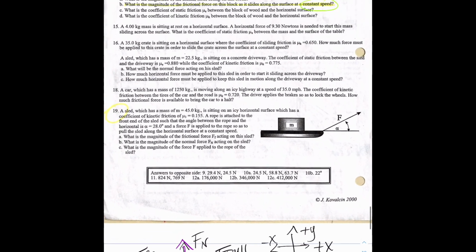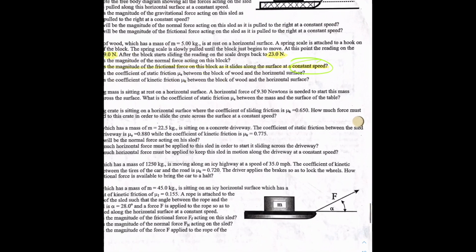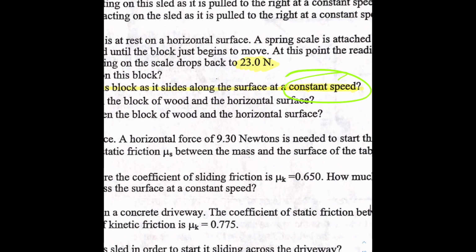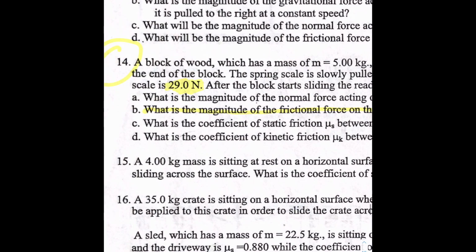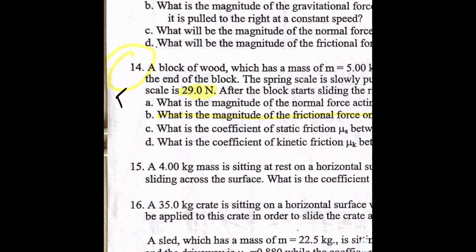When the object is sliding, we see the scale reads 23 newtons. This is going to be our force friction kinetic. And when the object is just beginning to move, this is going to be our force friction static, and it's going to be a max, right? And that's going to be 29 newtons.